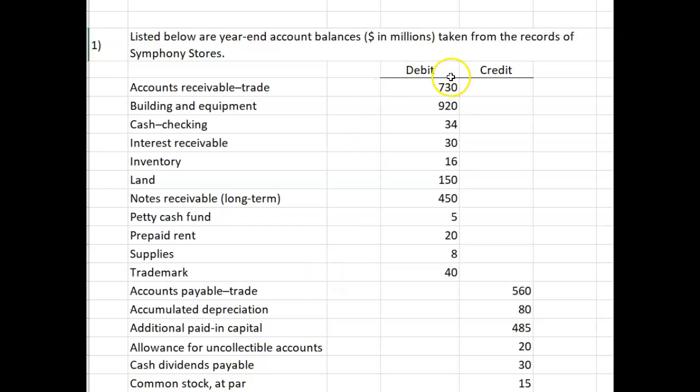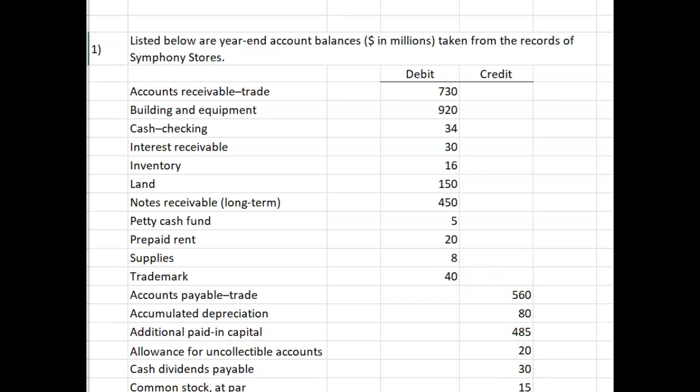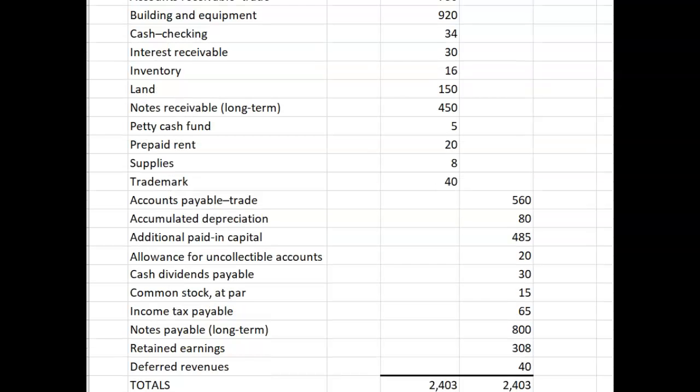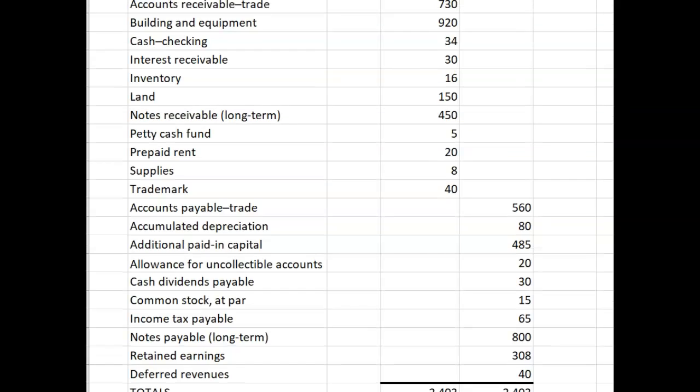Here, we just have all the debit balance accounts listed first, and all the credit balance accounts listed next. So all the accounts are there that you need, but they are not necessarily listed in the order you would expect on a normal trial balance.